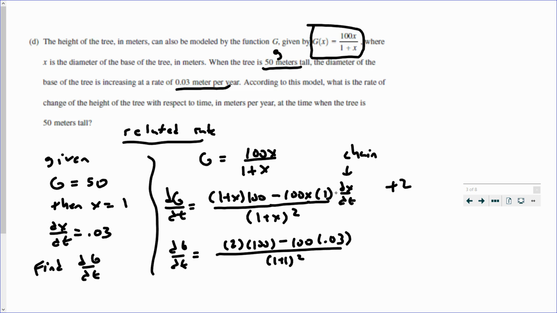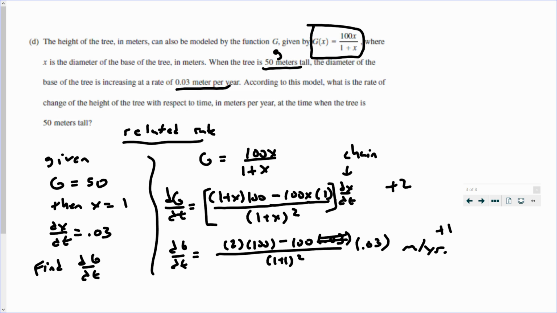Oops, sorry. Oh, no, the dx/dt, sorry. I did mess up a little bit. Oh, no, the dx/dt is on the side there. So times 0.03. There we go. It's all of this times the dx/dt. And the reason for that is because this had a dx/dt on it as well. So we can just factor out that dx/dt there. So, anyway, when we simplify all of this, you can just leave it like this if you want to, and this is going to be meters per year right there, and that is 1 point as well.